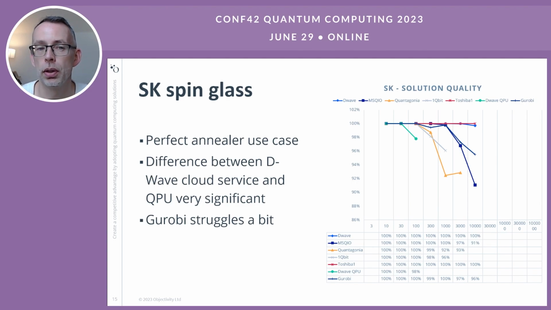And that is what is happening here, because the spin glass is a fully dense interaction matrix. It's a fully connected problem. So it's a nightmare to embed on the QPU. And that is why the D-Wave QPU, we couldn't get beyond 100 qubits because of the nature of this particular problem.